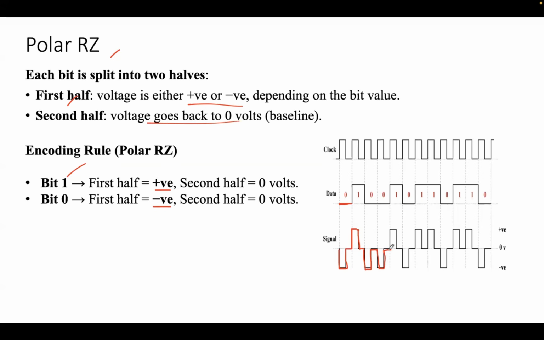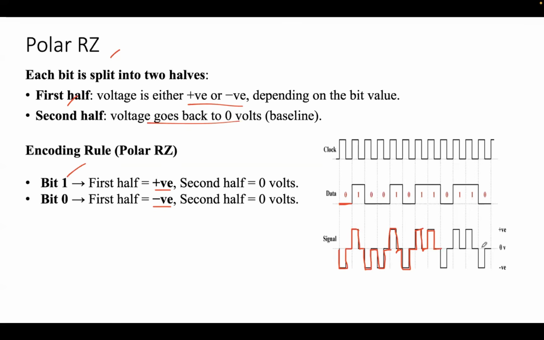For 1, first half is positive, second half is 0. For 0, first half is negative, second half is 0. For 1 again, first half is positive, second half is 0. For one more one, first half is positive, second half is 0.